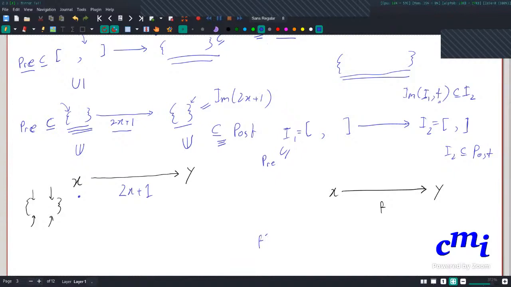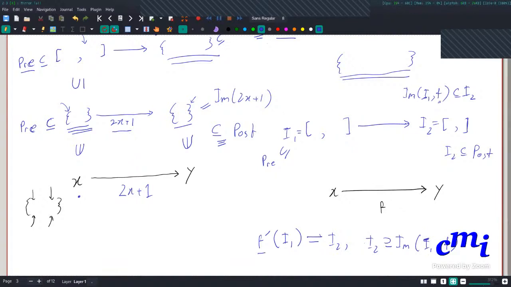That has to be explicitly constructed. Yes. So we can find some F prime which behaves like this. It takes an interval I1 and sends it to some interval I2 such that I2 is going to contain the image of I1 under F, right?